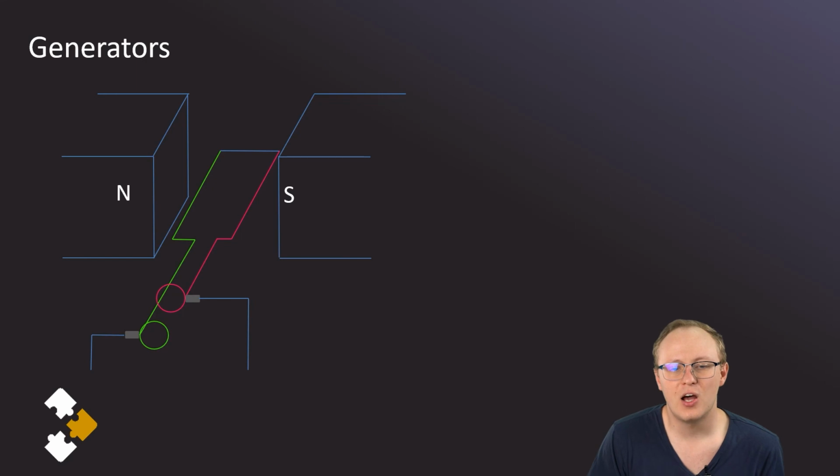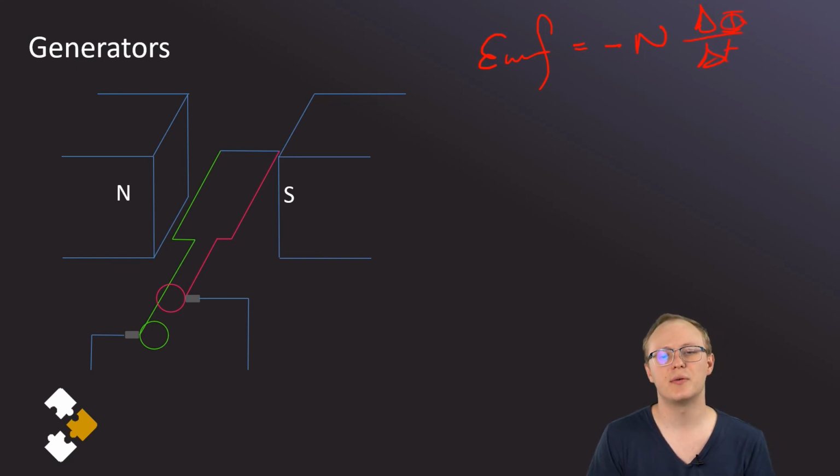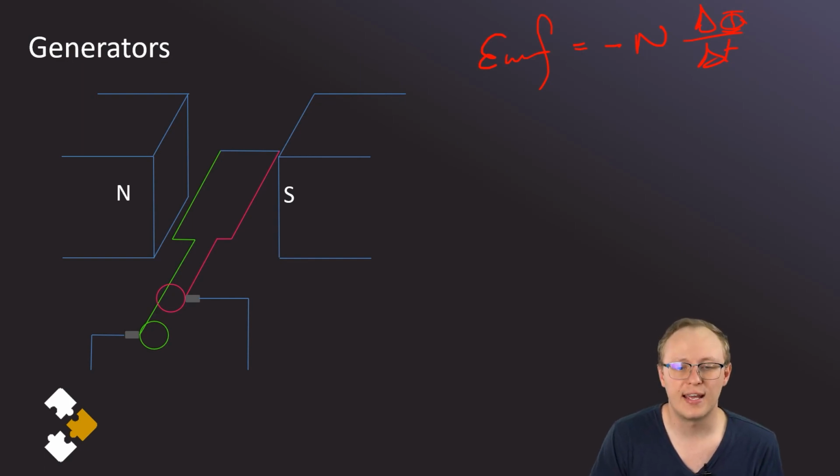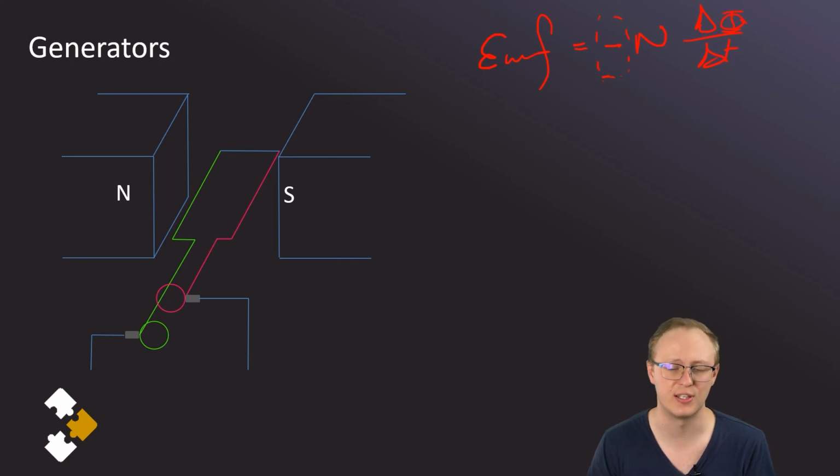Now, you might recall an equation that looks like this. The EMF is equal to negative N times the rate of change of flux. And this is an equation that shows us, for example, Lenz's law, where the negative gets multiplied by that rate of change of flux to give us the EMF.